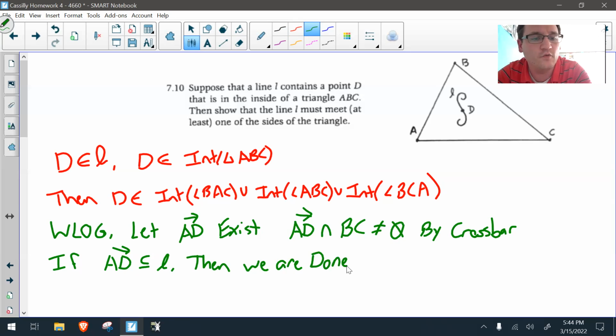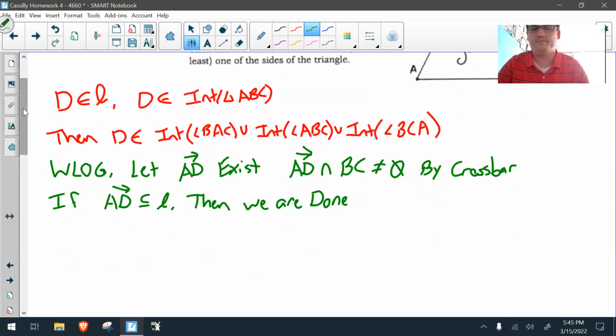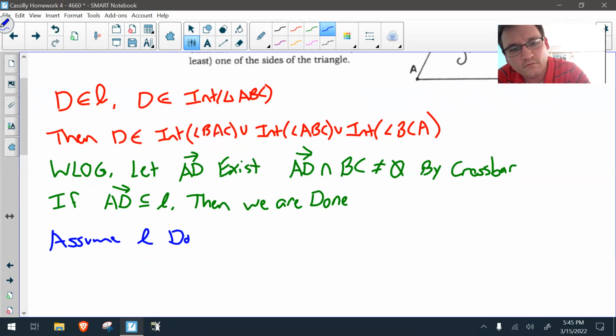Okay, but it can't be that easy. So let's go ahead and assume that L does not contain AD. We'll do this in a different color. So assume L does not contain AD.